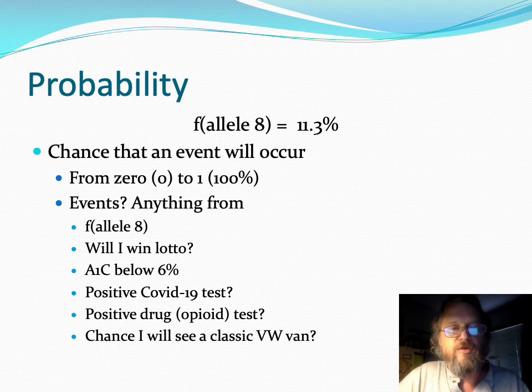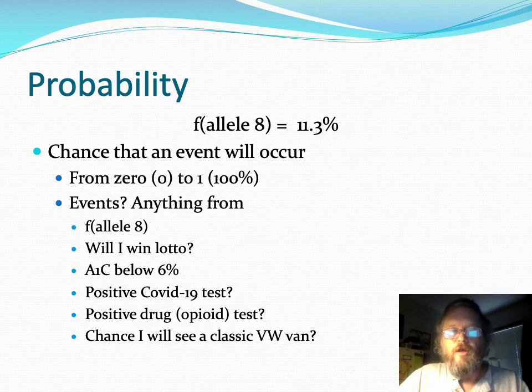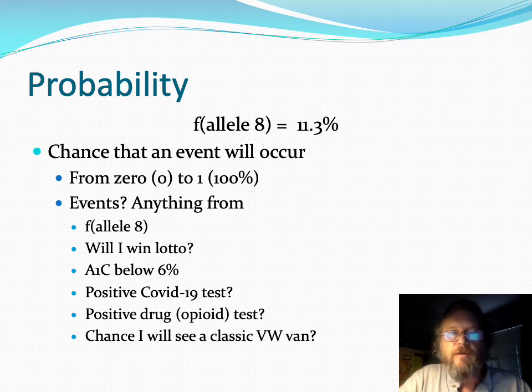Probability is simply the chance that an event will occur. It ranges from 0 to 100%. What do I mean by an event? For example, if I randomly pick somebody from the population, what's my expectation that they will have at least one allele 8? The answer is 11.3% of the time.